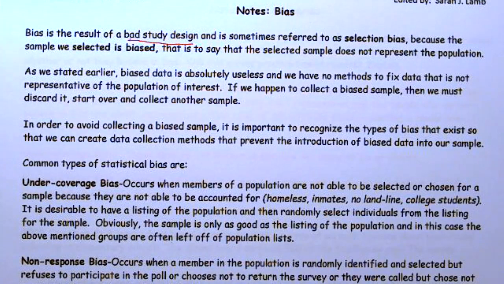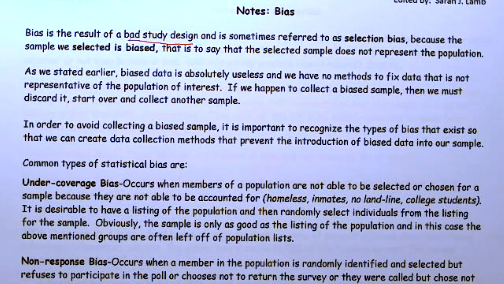Typically speaking, we want to say that bias is systematic. In other words, if we really thought about it, we could probably predict how it's going to overrepresent and underrepresent different parts of the population.